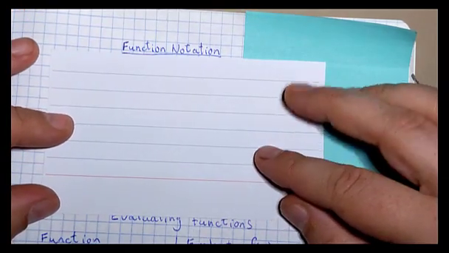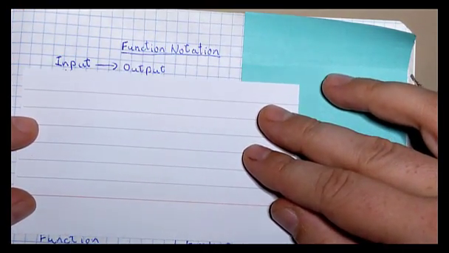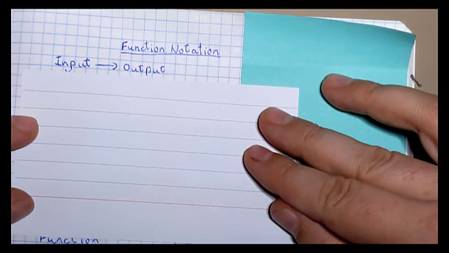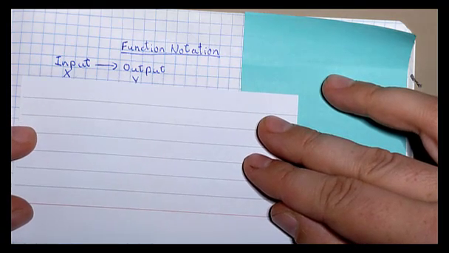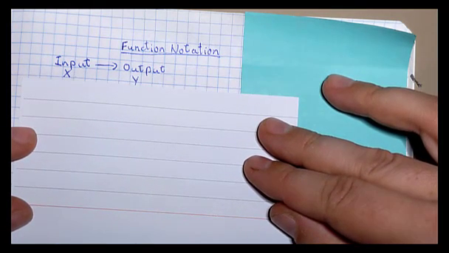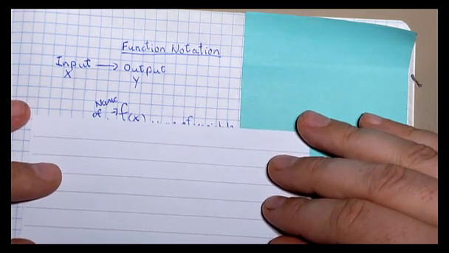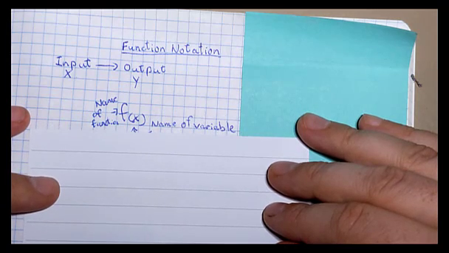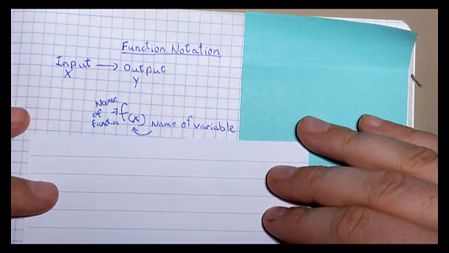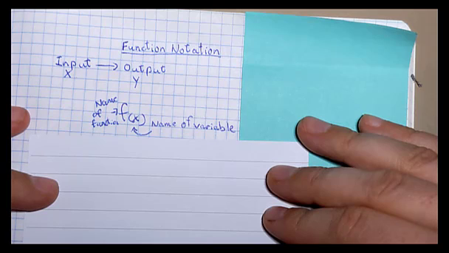Function notation. As discussed, functions are a series of inputs and outputs. Usually in math class, your teacher will use x and y. But we can describe the output in another way, and that's using the term f of x. Now, basically, f is the name of the function.